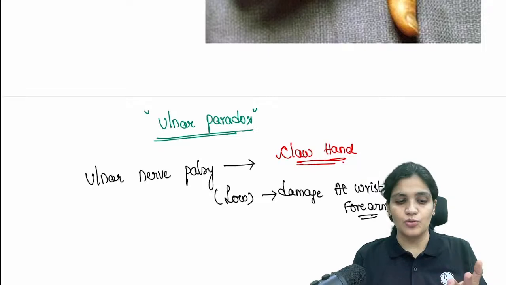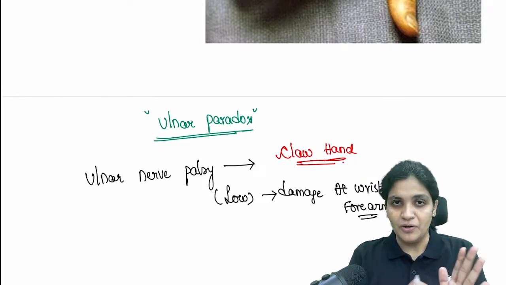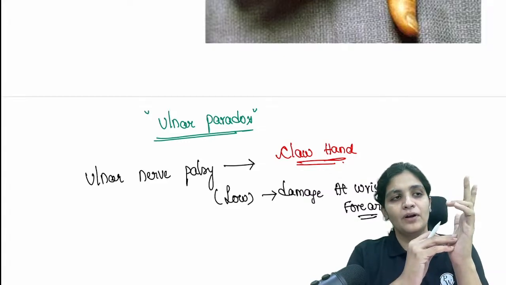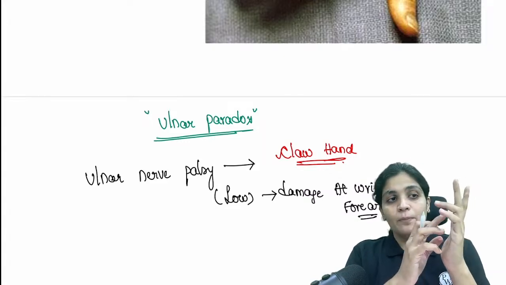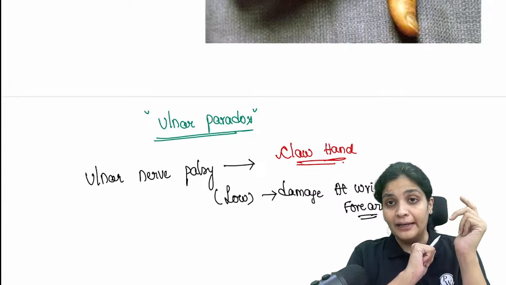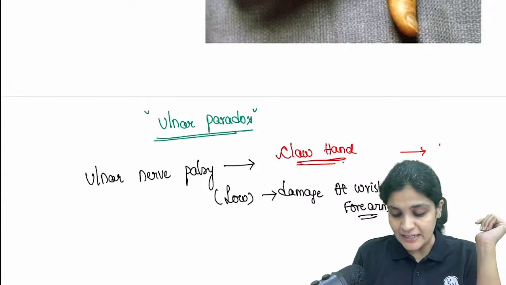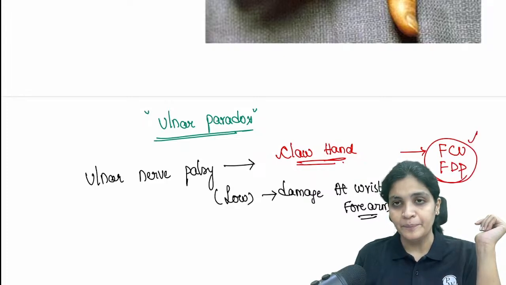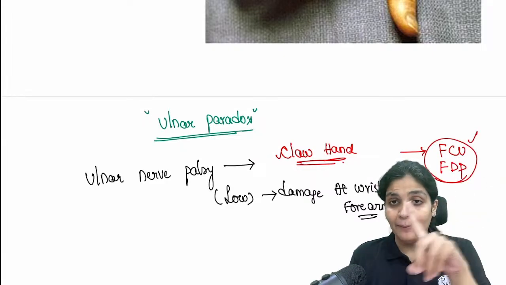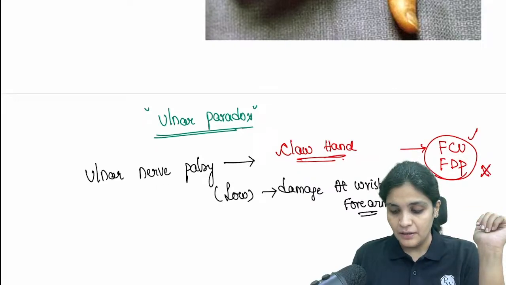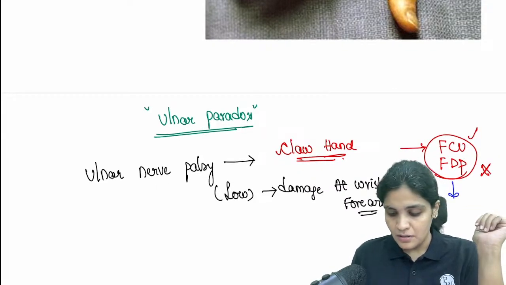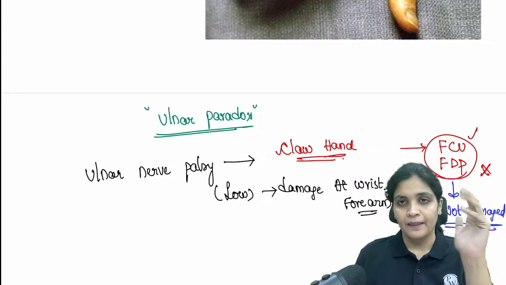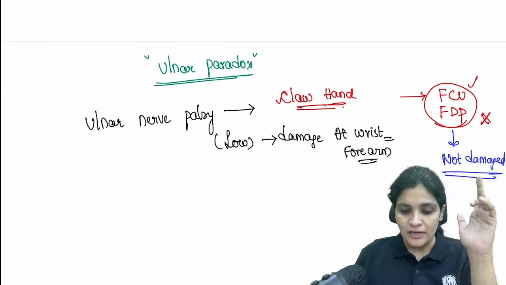Because there is damage to your lumbricals and the interossei. In low ulnar nerve palsy, all the intrinsic muscles are damaged, so it results in flexion. But this flexion is prominent because there are two important flexors, FCU and FDP, which are pulling the flexion of the IP. These are not damaged. Understood? Hence, you can see more flexion like this, right? So that is your claw hand.